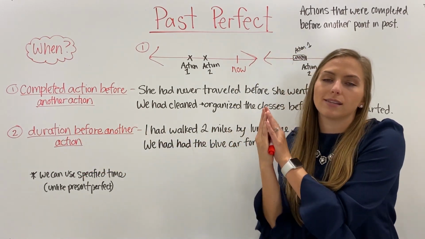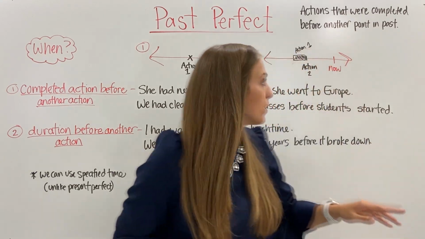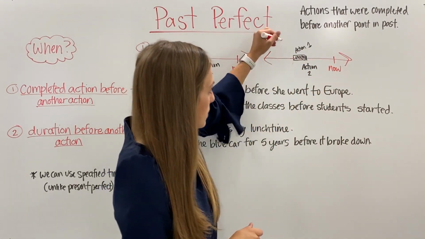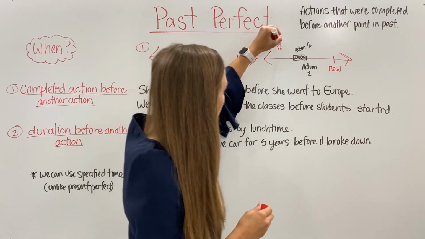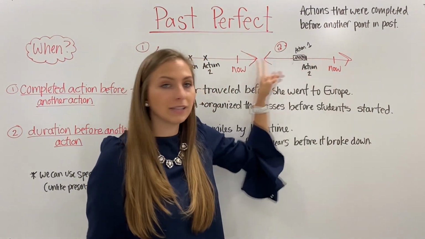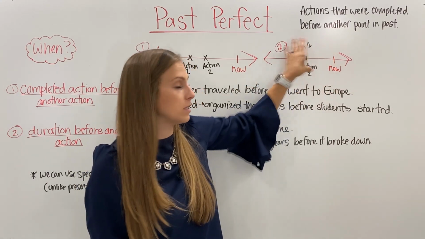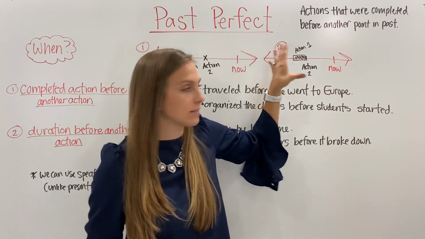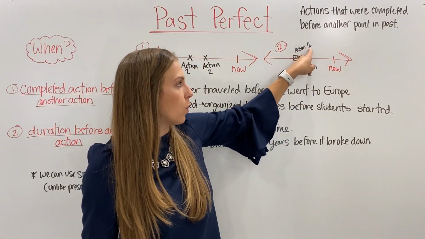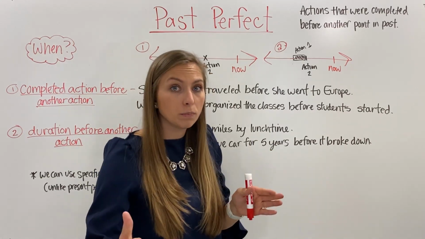All right, we also have number 2, duration before another action. Duration just means continued, okay, for a continued period of time. So let's look at this one. I'll put this number 2 here. Okay, so for our timeline for number 2, this is now, so this means this is all in the past. Action 1 was a duration, a continued period of time.